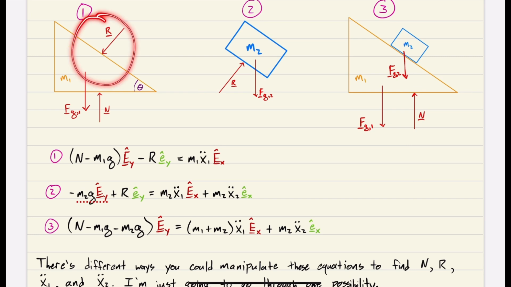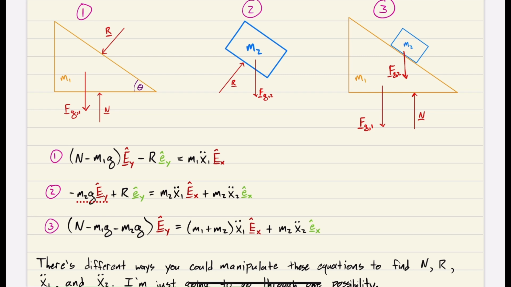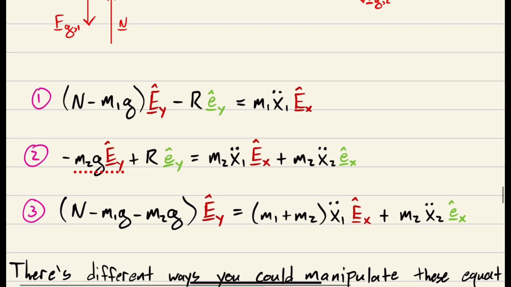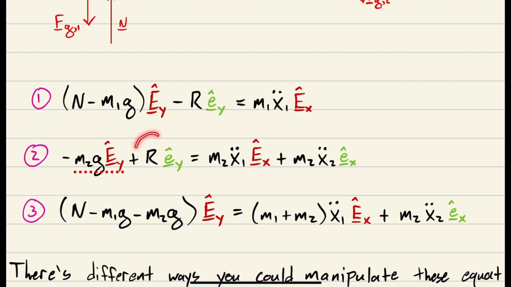So these are 3 free body diagrams that we analyzed, and their respective equations that we got from each of them down here. Looking at these equations, I immediately see some things that catch my eye. I see in equation 2 that R is all by itself right here. If I can somehow get rid of this term, I'm left with an equation in terms of some constants, x1 double dot and x2 double dot.